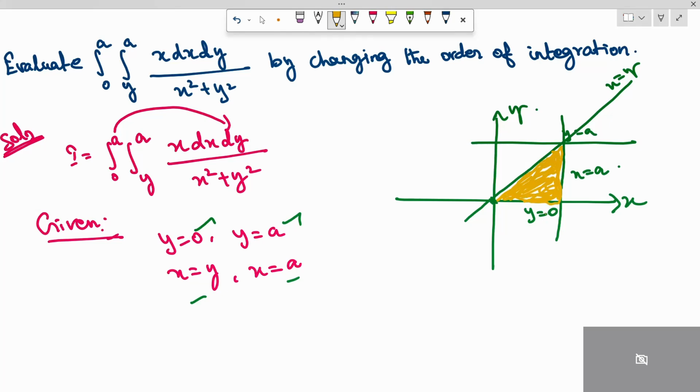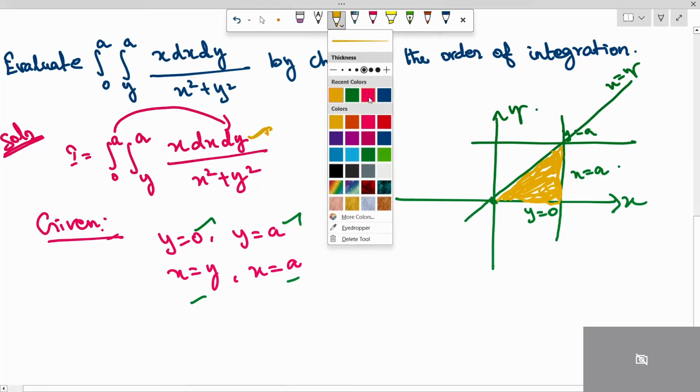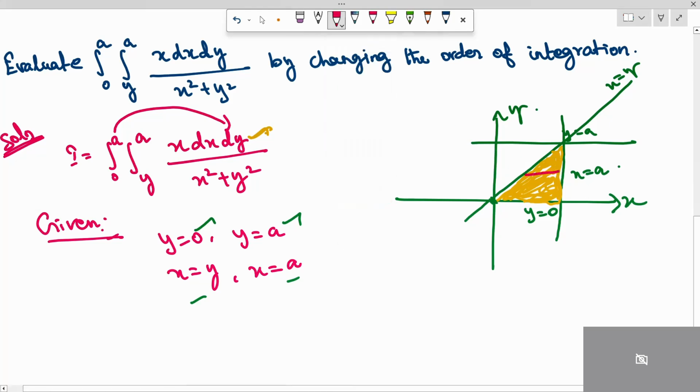Then identify the given strip direction. Here the outer limit is the y limit, which means the given strip direction is perpendicular to the y axis. Okay, this is our given strip direction.